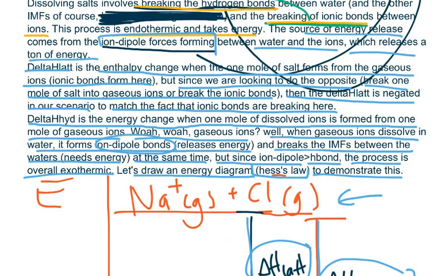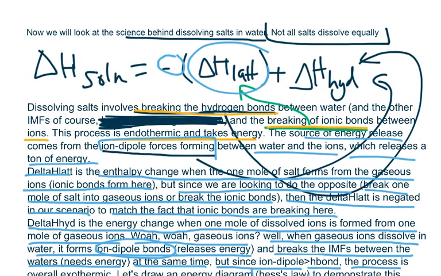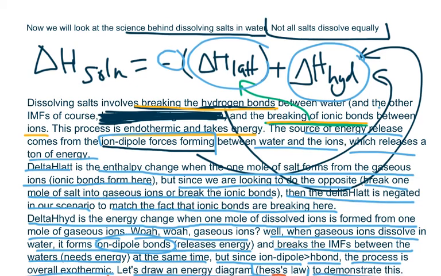So, let's talk about how these breaking and forming bonds are related to these delta H's. The breaking of the hydrogen bonds, as well as the other IMFs, as well as the formation of the ion dipole forces, are all part of the delta H of hydration. And because forming ion dipole forces will release more energy than is needed to break the hydrogen bonds, the delta H of hydration is always going to be negative.